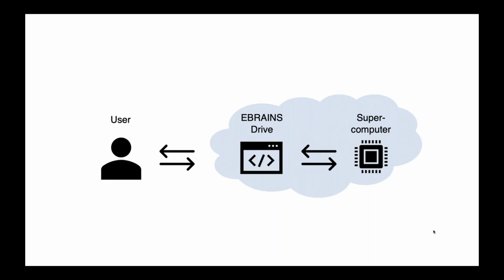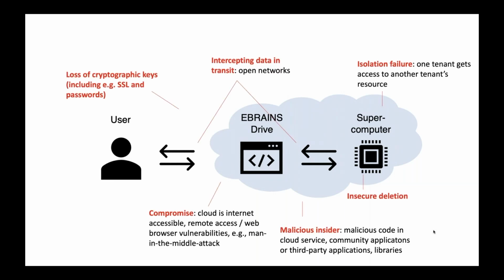Then finally, a few words about security requirements. The eBRAINS cloud is a cloud, so it's accessible via the internet. It's connected via open networks, and it works with shared resources. This opens up a lot of vulnerabilities that could occur at many different points.